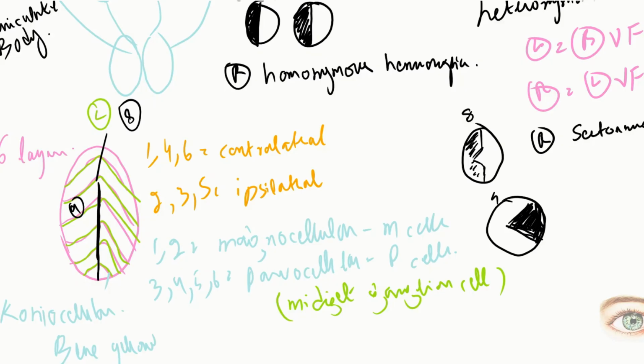The reason is that, as I've told you before, these fibers are coming straight from the cones, from the macula actually. So it is going to cause a right sectoranopia involving the central vision as well.